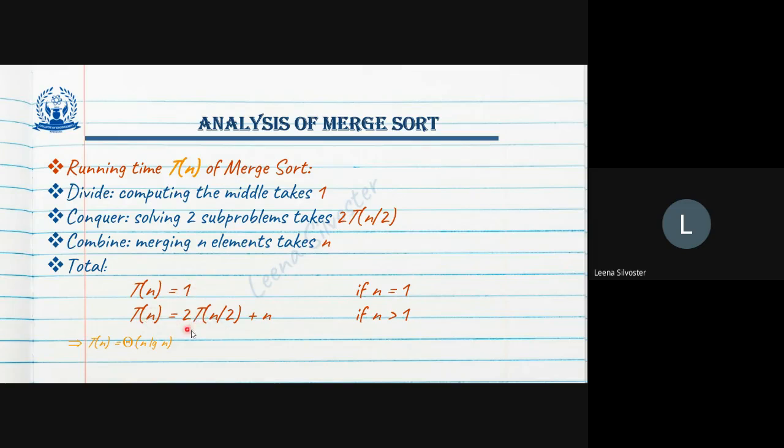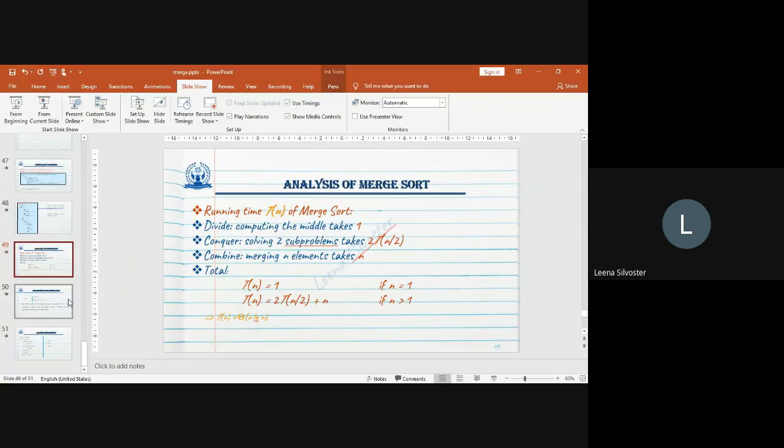These types of equations are known as recurrence equations. This is for conquer and this is for combine. Any doubts up to this point?